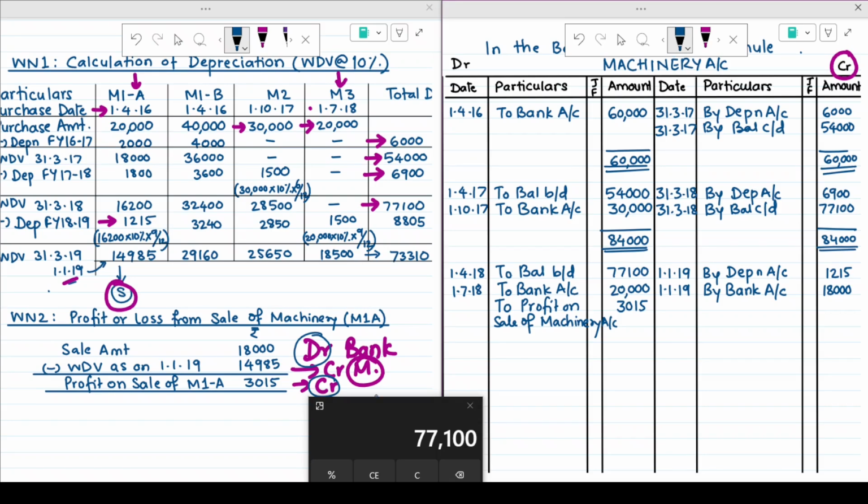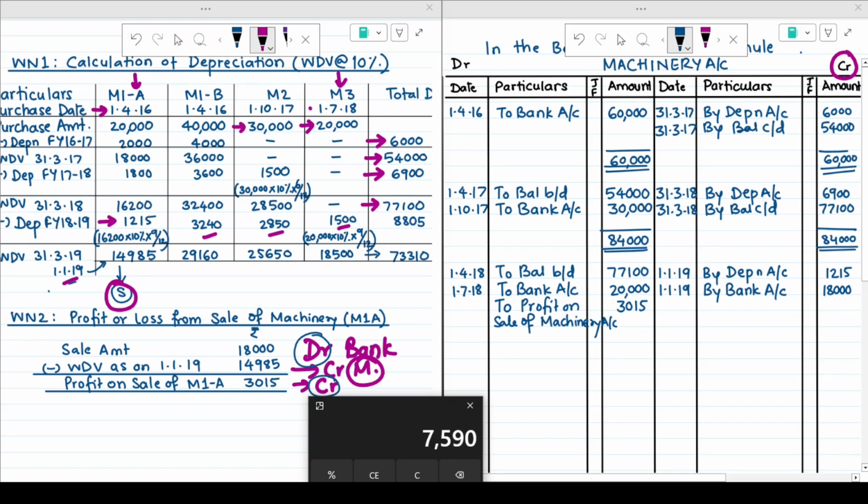And now we have other three machines, the depreciation on it, 3,240, 2,850 and 1,500. These depreciations we have to pass, right? So the total of these will take 3,240 plus 2,850 plus 1,500.